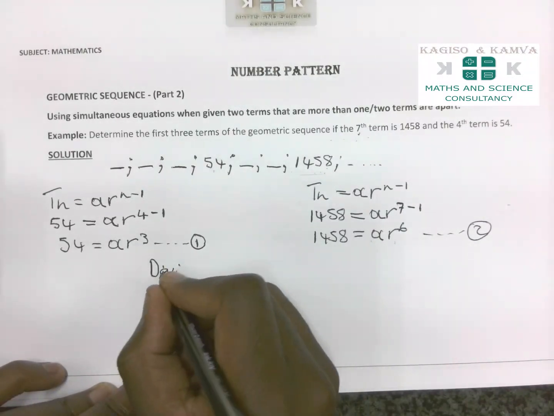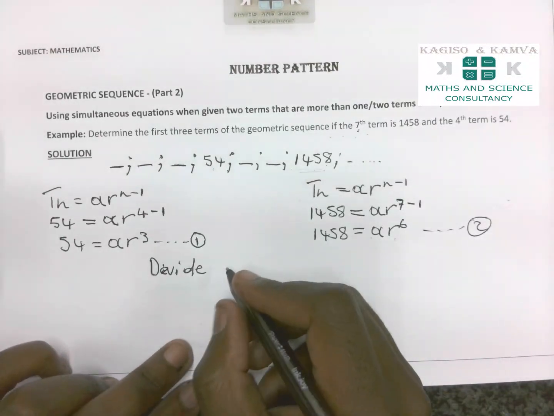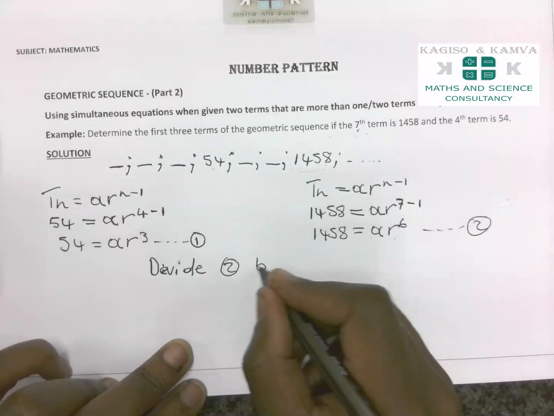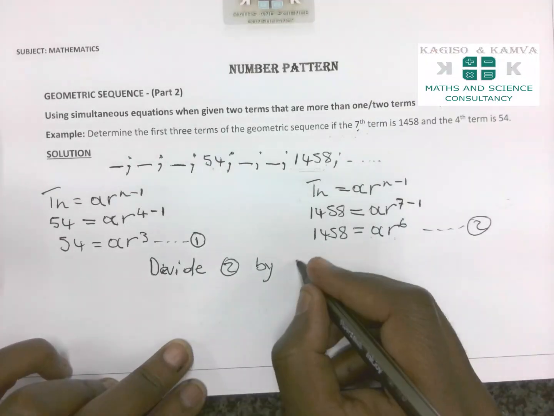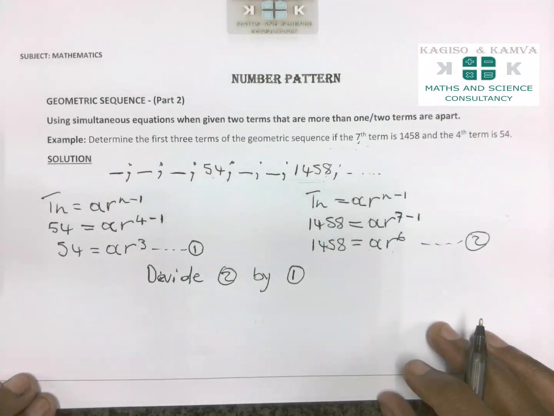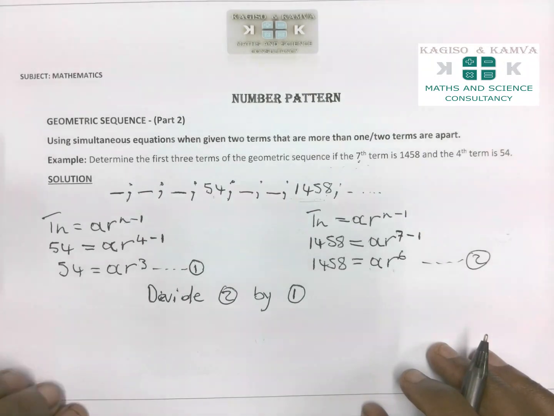We are going to divide equation 2 by equation 1.